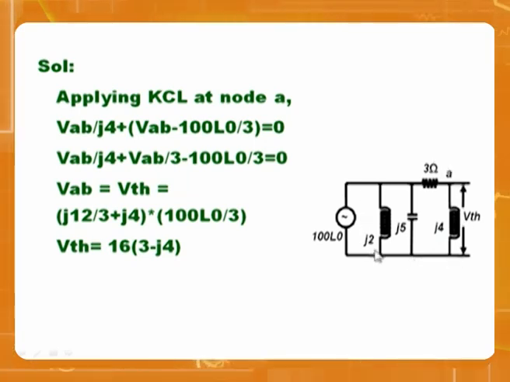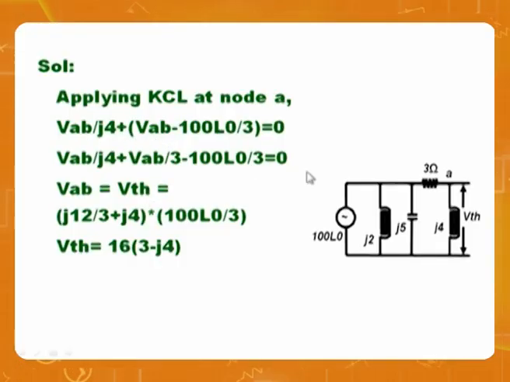So if you apply Kirchhoff's current law, KCL here, VThevenin's minus 100 angle 0 by 3 ohms plus current in this, VThevenin's by J4. Just with that equation, you are going to solve it. And all the circuit is going to be wasted. So don't be frightened looking at the circuits. You should know how to escape it.